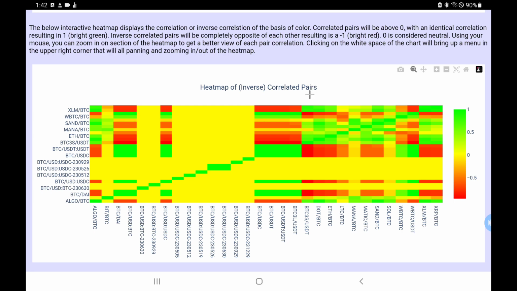Let's see how this trades. BTC USD trades the opposite direction of XRP BTC roughly 76% of the time.